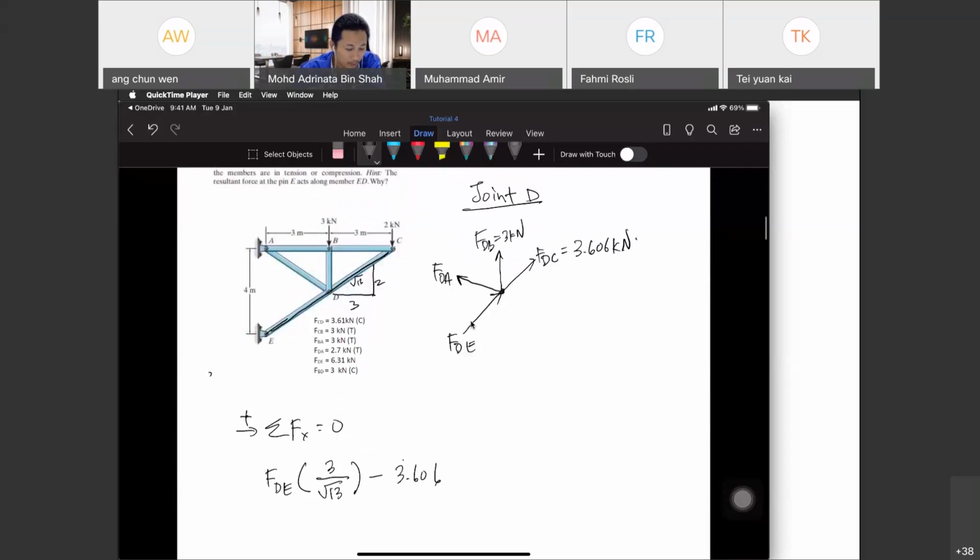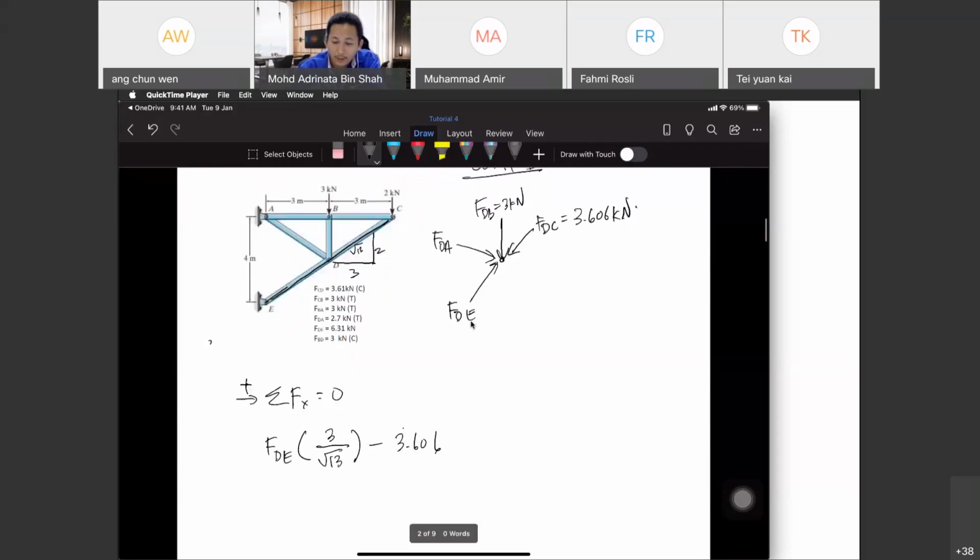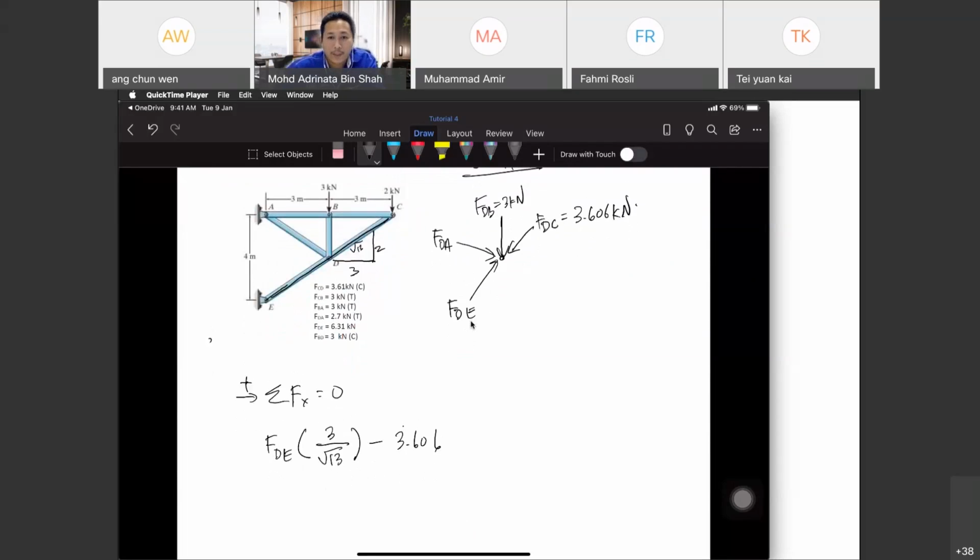Tengok telefon saya. Ini semua dia ada breakdown. Okay. So kena tengok balik yang kita calculate tadi, okay. Dan dia punya compression dan juga tension tadi lah.